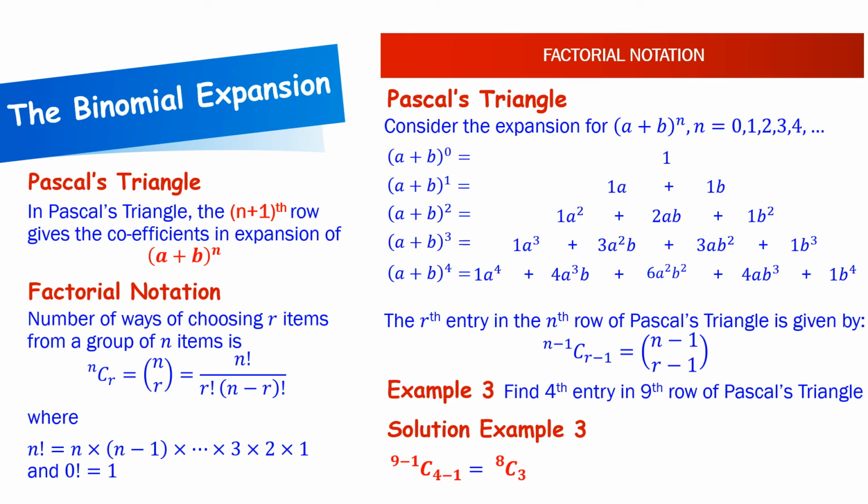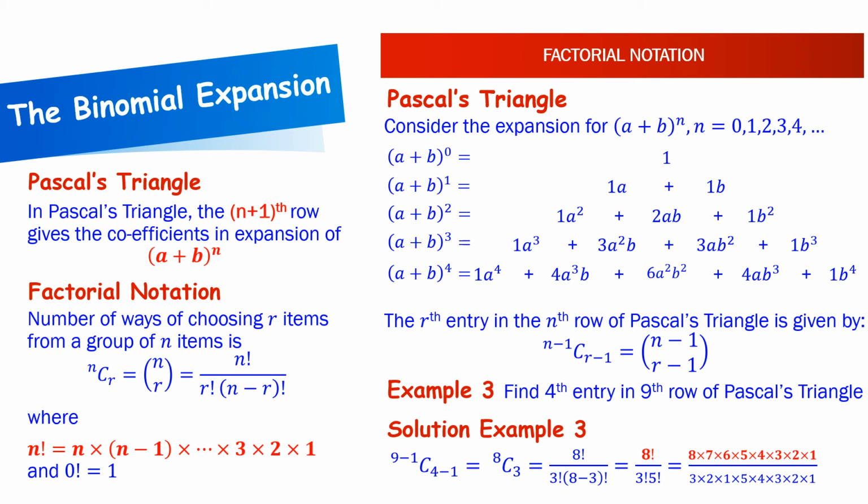And this is, of course, 8 choose 3. And plugging in the values in our formula gives us 8 factorial over 3 factorial times 8 minus 3 factorial, which is 8 factorial over 3 factorial times 5 factorial.